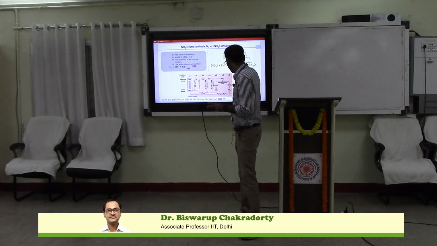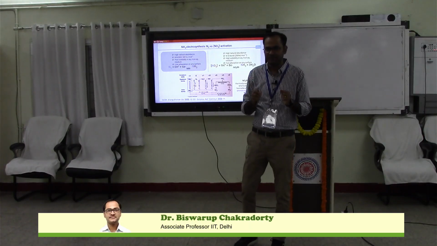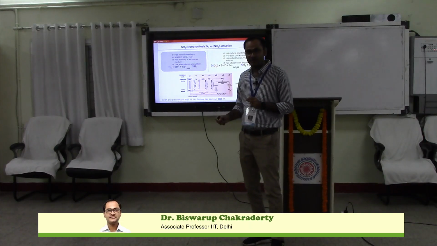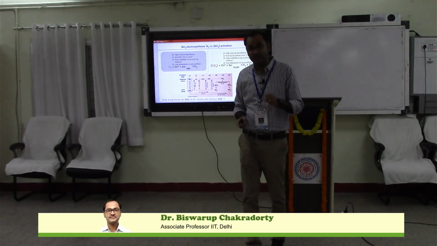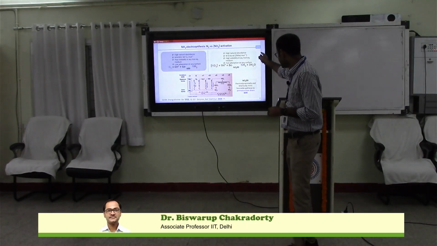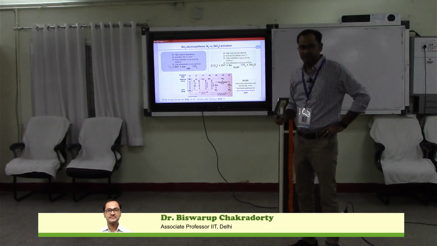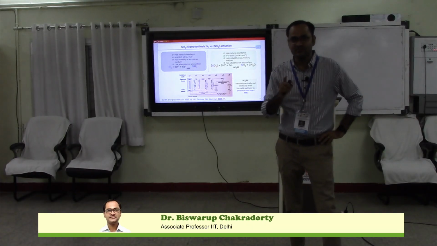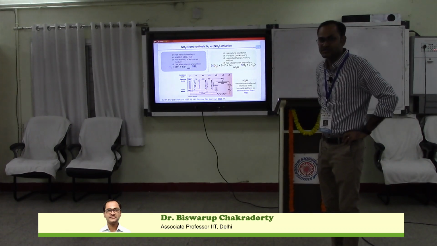If I want to do nitrate reduction, it needs 8 electrons. That means electronically, the number of electron requirements in nitrate reduction is higher, but still nitrate reduction is thermodynamically more feasible. Why? Because the NO bond dissociation energy is 2-3 times less than the NN dissociation energy.